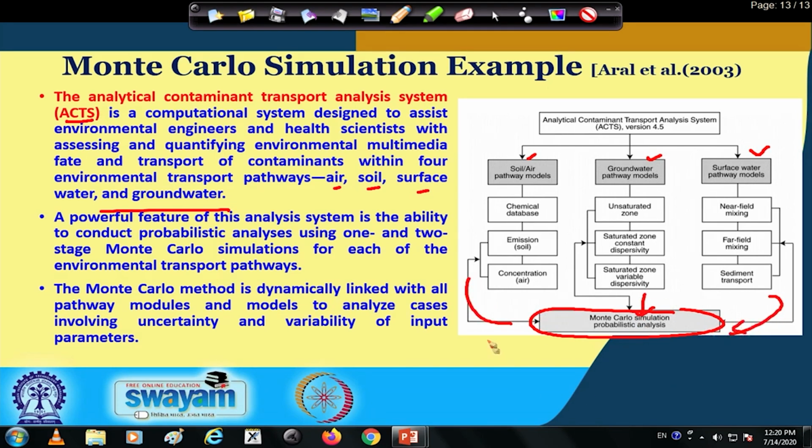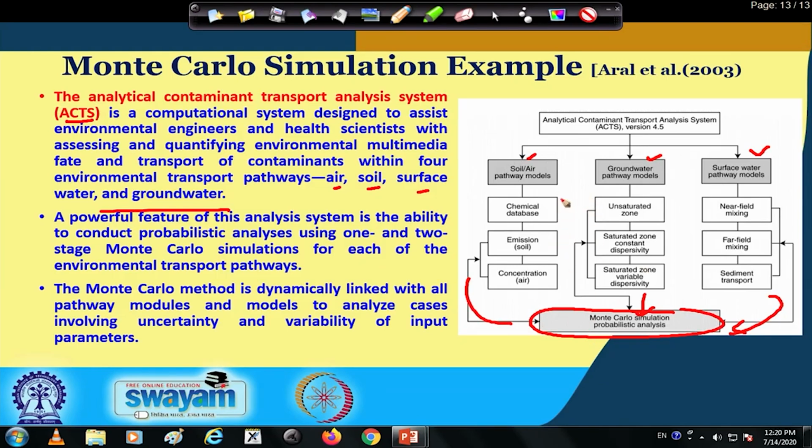Basically, it generates a host of values of the parameters and then generates the results. So, the Monte Carlo method is dynamically linked with all the pathway models to analyze the cases involving uncertainty and variability of the input parameters.